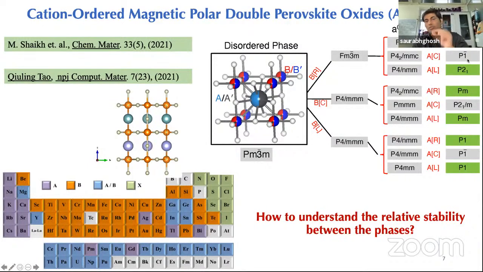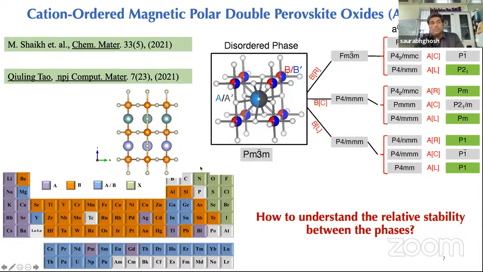The green boxes represent a polar space group. That means with a particular combination of A site ordering, B site ordering, and rotation, you can have different polar phases. That is the analysis we did initially to find out the possibilities of polar phases.